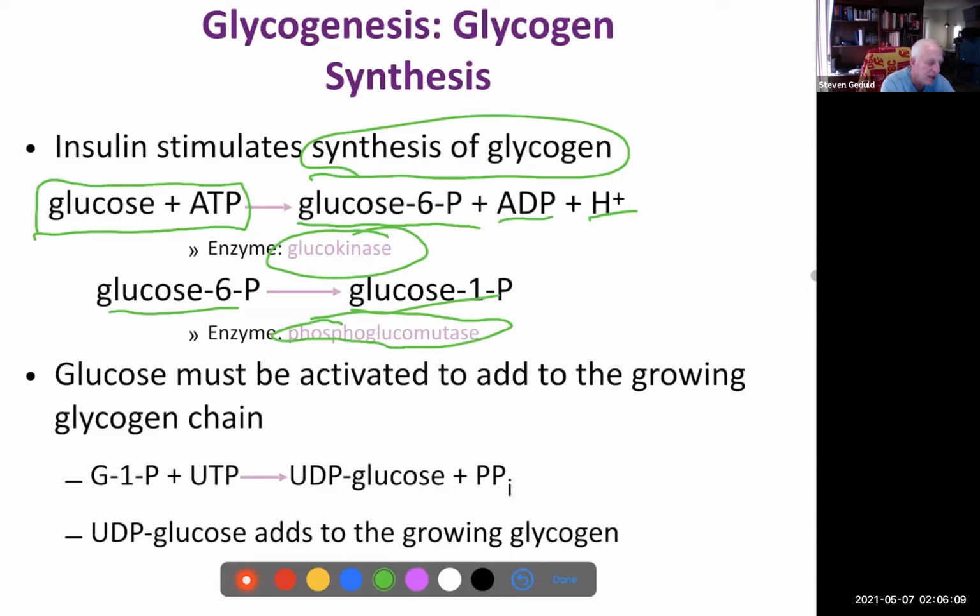There has to be something, when it bonds, it can split that bond and break apart and add water between there so it can link to the growing chain of glucose molecules in glycogen. So glucose 1-phosphate plus uridine triphosphate goes to uridine diphosphate glucose, which is bonded to it, plus your inorganic phosphate group. So UDP-glucose, uridine diphosphate glucose, adds to the growing glycogen chain.